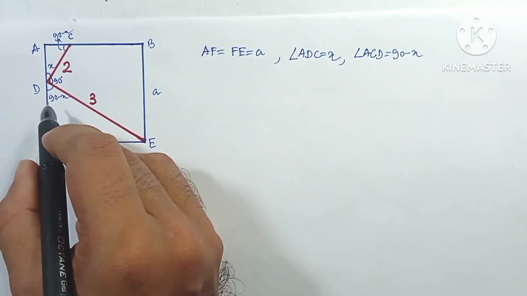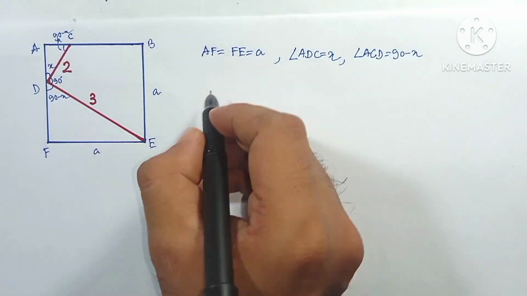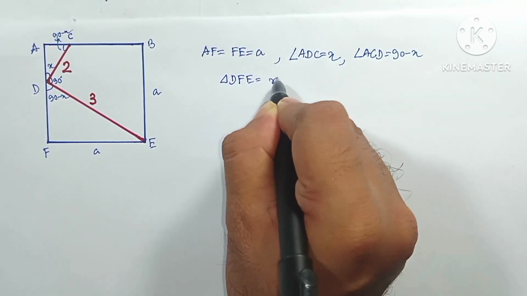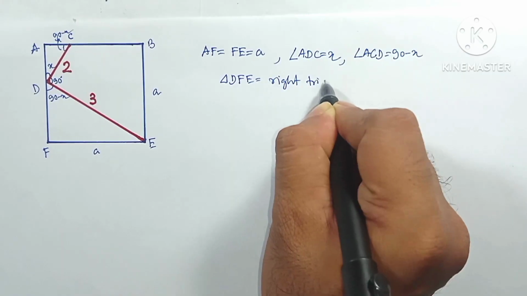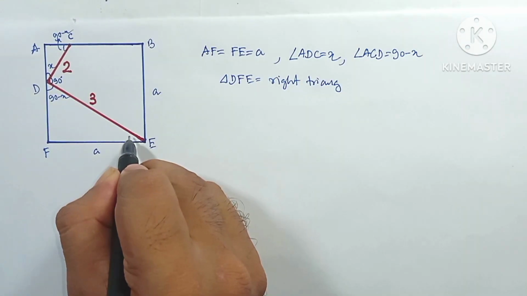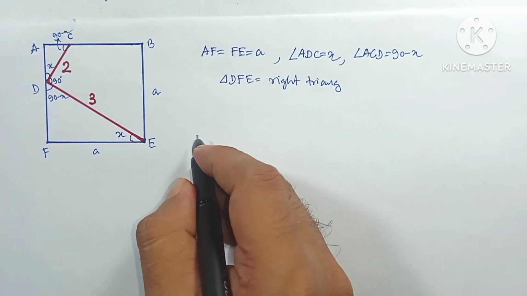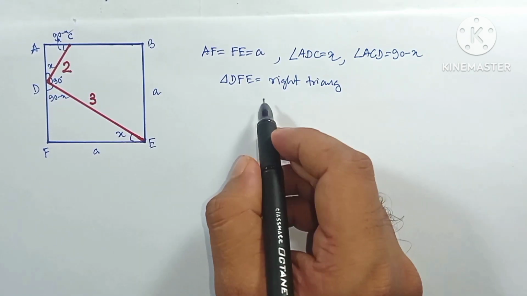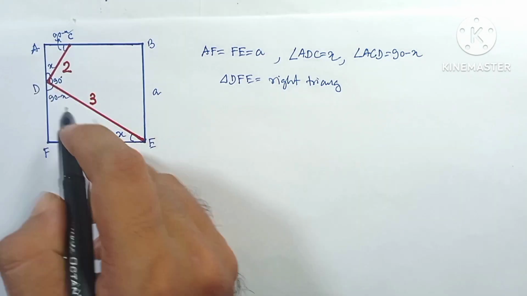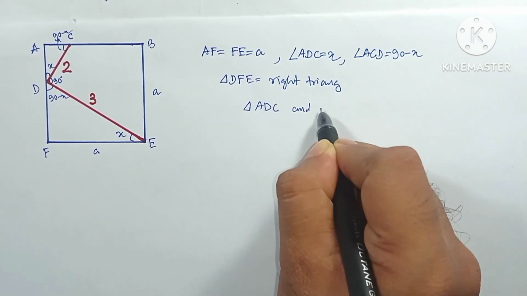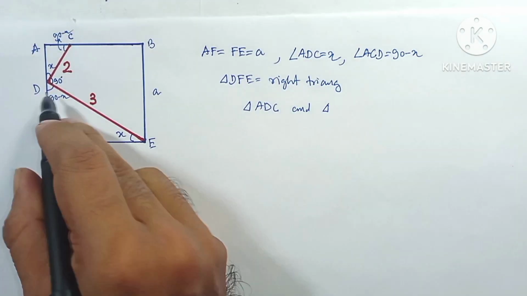And triangle DFE is also a right triangle. So the remaining angle, which is DEF, will be X. Now look carefully at these two triangles, ADC and triangle FDE.